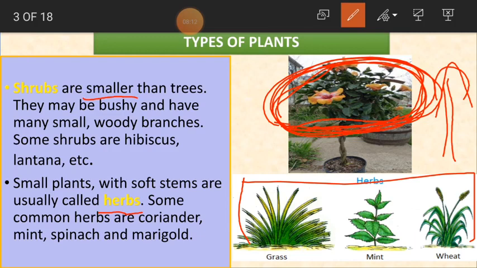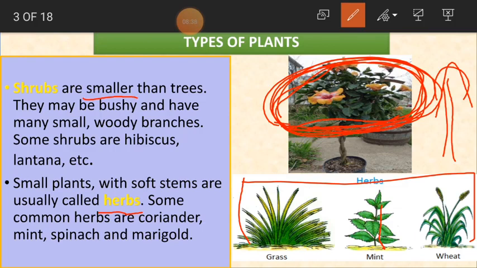These are small in size, and these stems. What are stems, children? This is the part above the ground, where we have leaves and also branches. So these types of plants are called herbs.